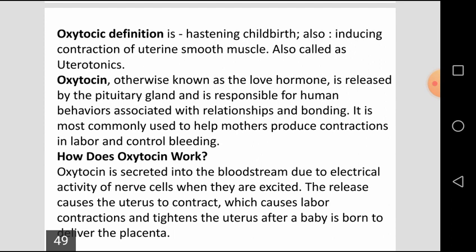Oxytocin, otherwise known as the love hormone, is released by the pituitary gland and is responsible for human behaviors associated with relationships and bonding. It is most commonly used to help mothers produce contractions in labor and control bleeding.